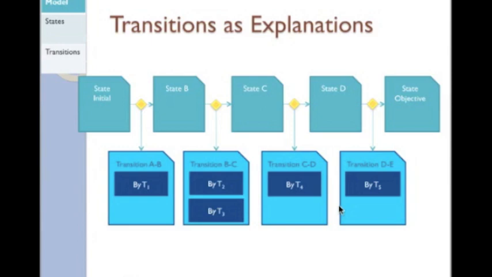It may also be the case that multiple simultaneous explanations may be necessary to describe why a state changes. Thus, in this abstract example, state B changes to state C by explanation T sub 2 and by explanation T sub 3. In this way, we can explain, step by step, exactly how a system accomplishes its intended function.